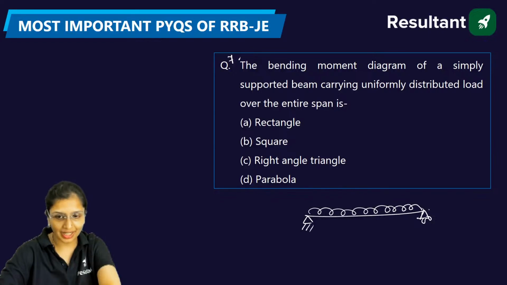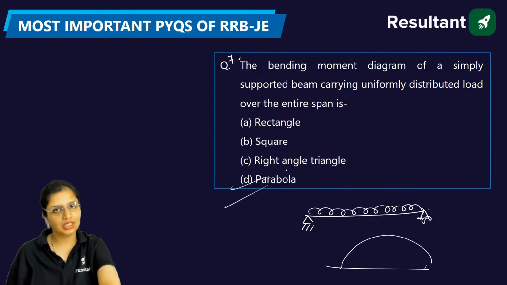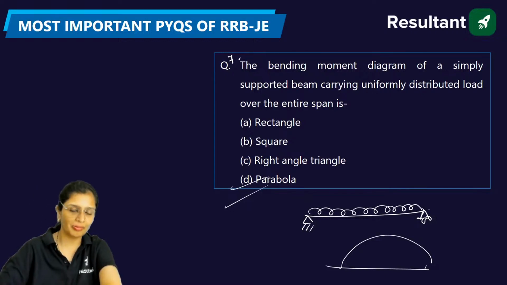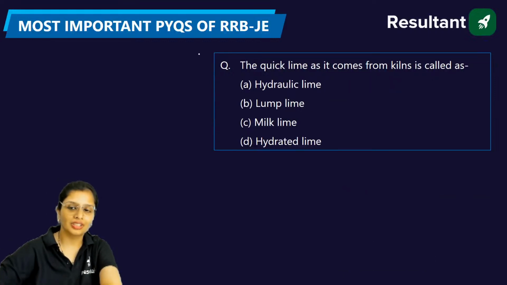WL square by 8, and the shape will be parabolic. Correct. So D is the correct one. And if they had asked you about shear force, then it would be a triangle.